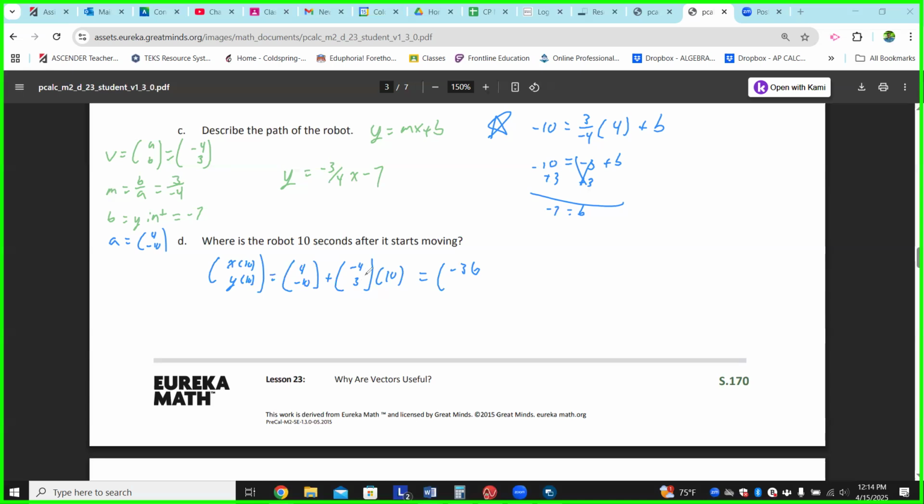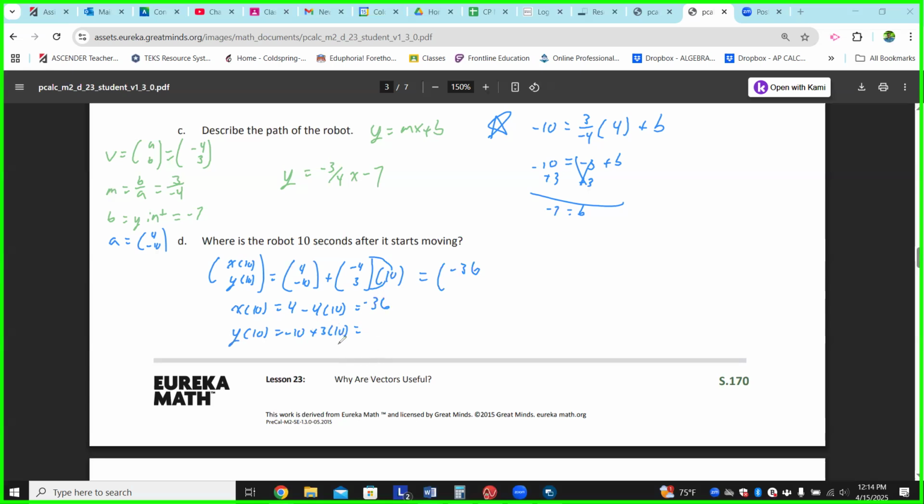Okay, this is not a fraction. Let me rewrite it. So this is the vector form. If I wrote it as the parametric form, this is how it would look. So the scalar here would go to both of these numbers, and then now I can calculate my x. So when I did that, -40 plus 4 gives me -36 here.